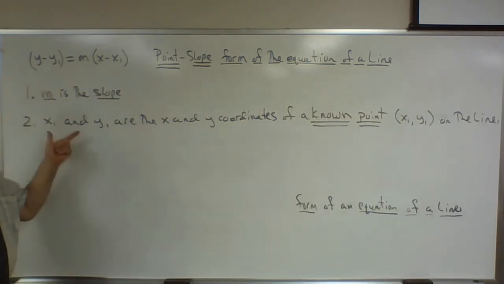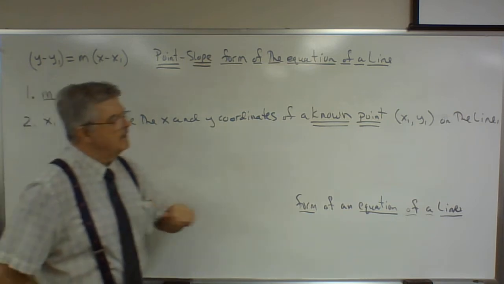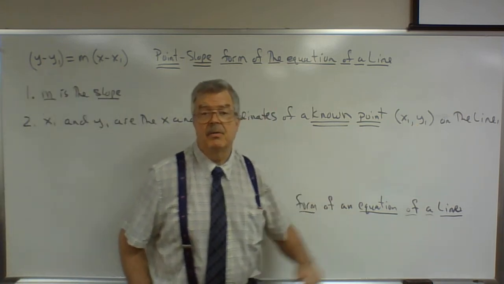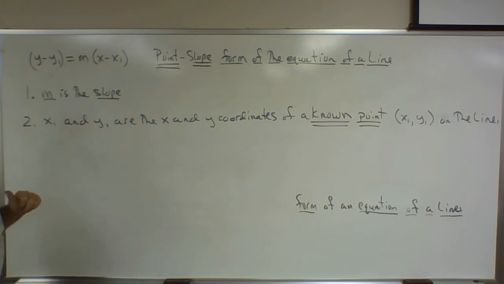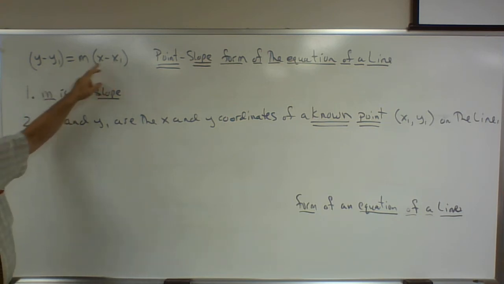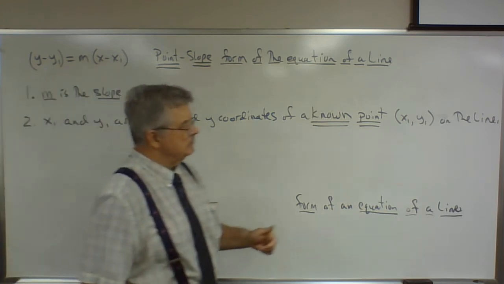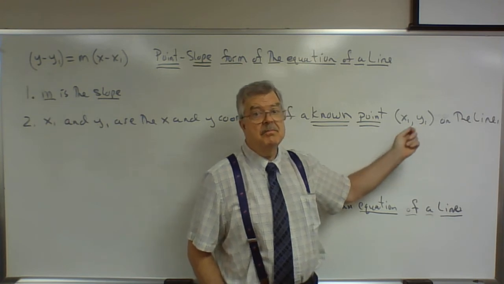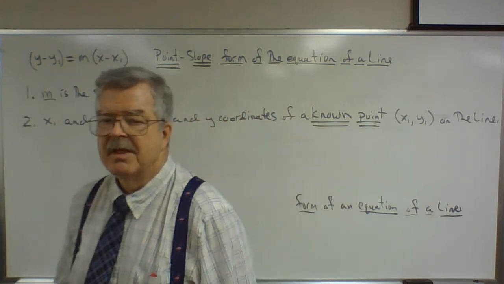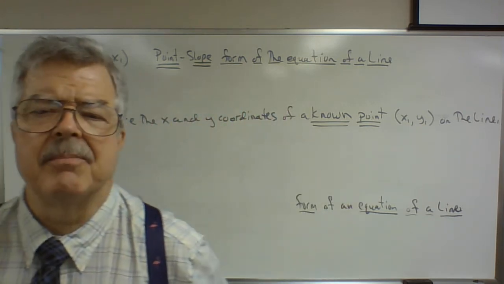Didn't we start off by saying that x1, y1 were the coordinates of a known point on the line? So here, m is the slope, and x1, y1 are the x and y coordinates of a known point on the line. Let's work a few examples.